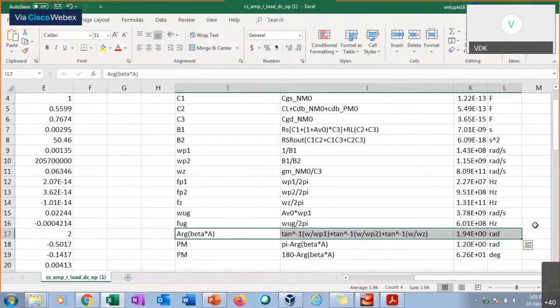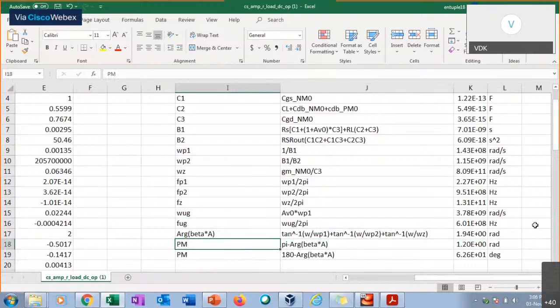That's the expression I get. Correspondingly, I can compute the phase margin in degrees. So we get a phase margin of about 62.6 degrees here.